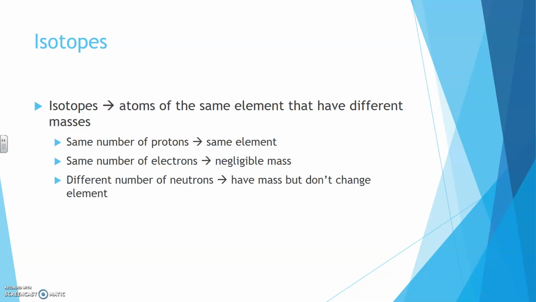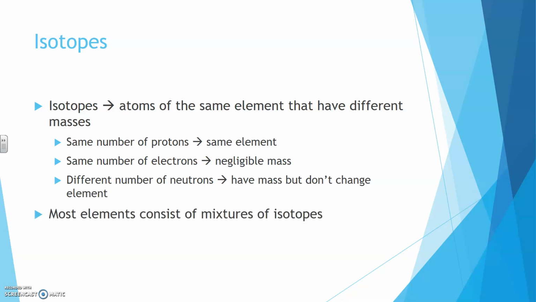Okay, then, so the only way that isotopes can actually have different masses while being the same element is by changing the number of neutrons. Because remember, neutrons have a mass but don't change the element, like protons would.